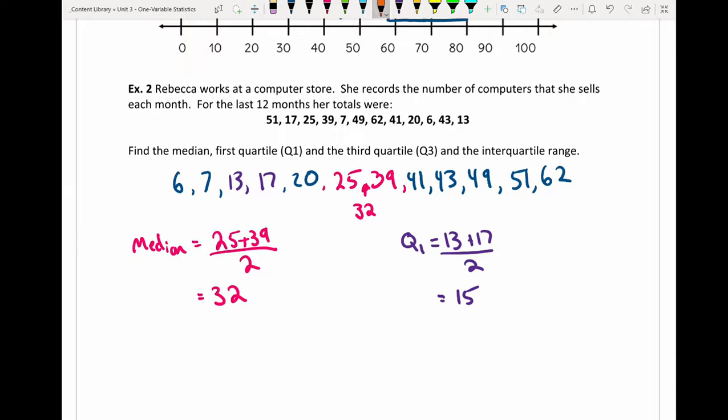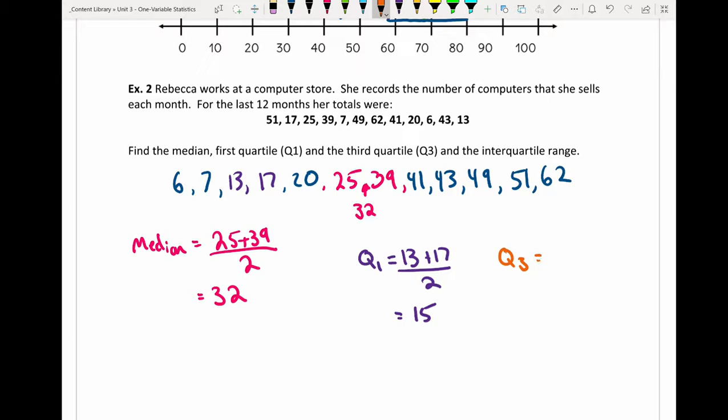And then for my Q3, my Q3 is the median of the second half of numbers. So again, same idea, I'm going to find the average of the two middle values.